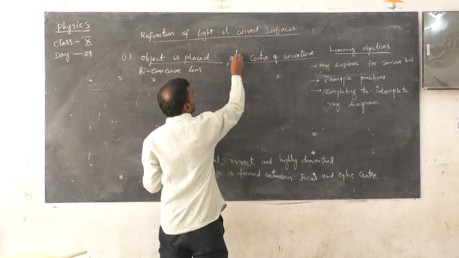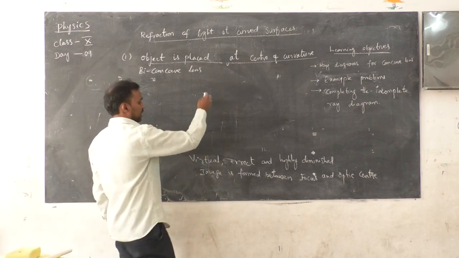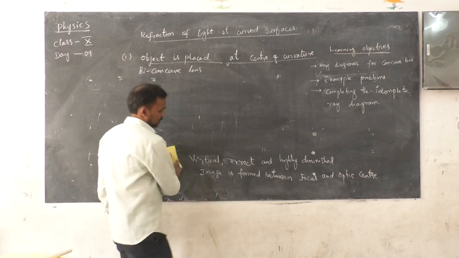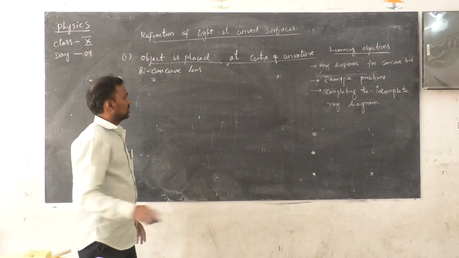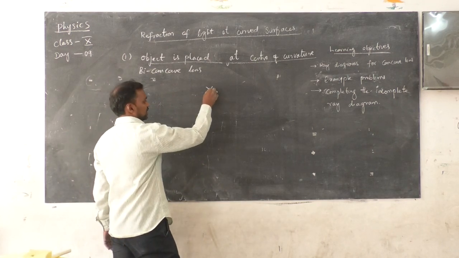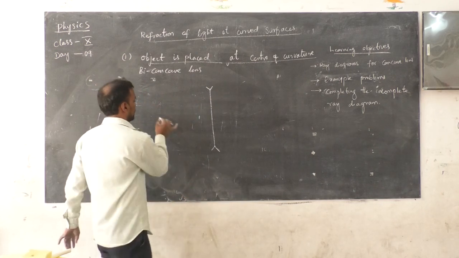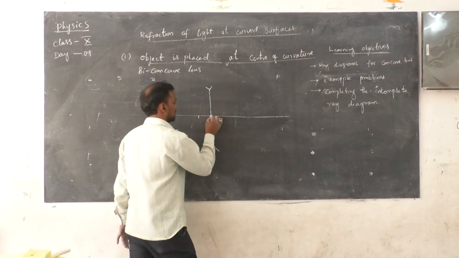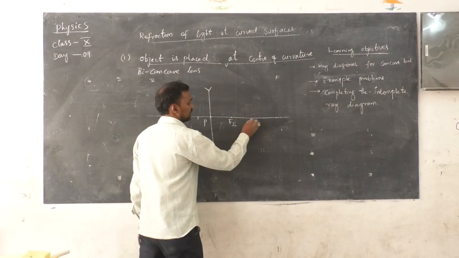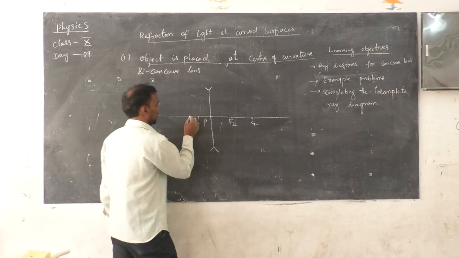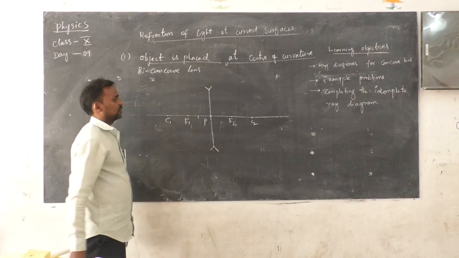I will be drawing the symbol of lens. This is the symbol of a concave lens, and the principal axis. This is the optic center, this is F2, and this is C2, and here F1 and C.